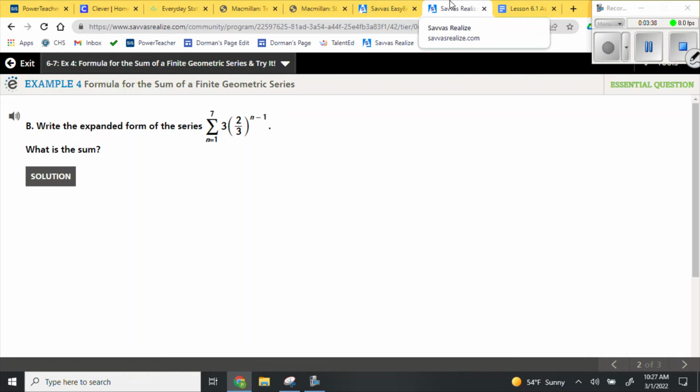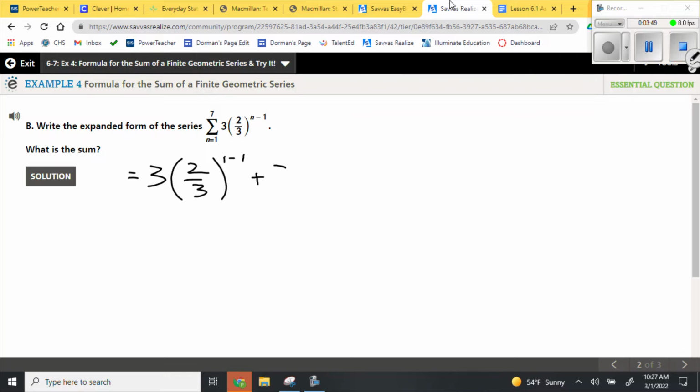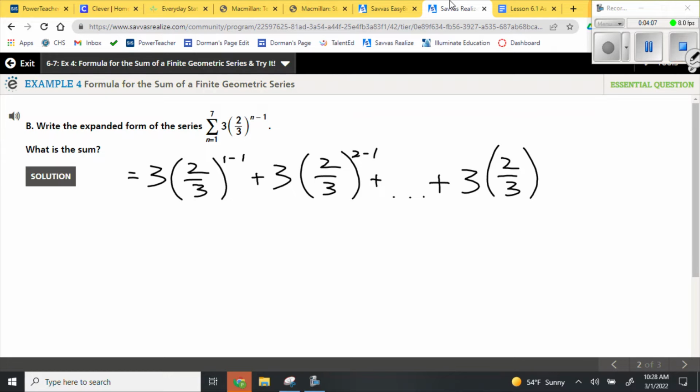So if we're going to expand this, this is going to be equal to 3 times 2/3 to the 1 minus 1, right? Plus 3 times 2/3 to the 2 minus 1. And then you can go like 1, 2, skip a few. And we go all the way to the last one. This is going to be 3 times 2/3 to the 7 minus 1 power.